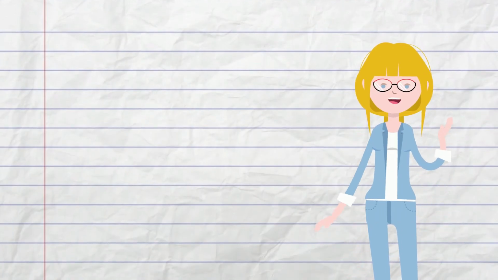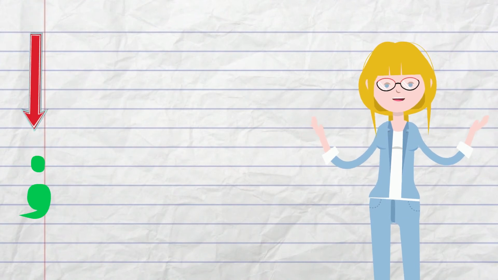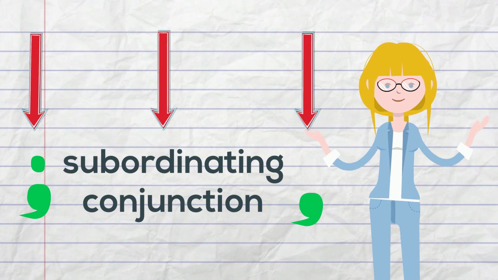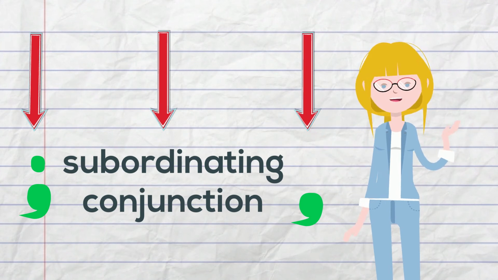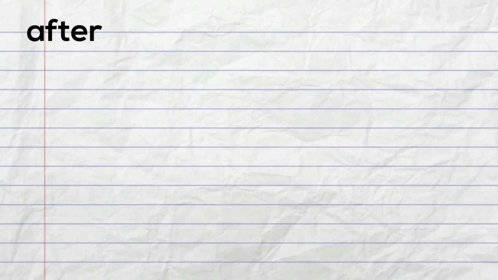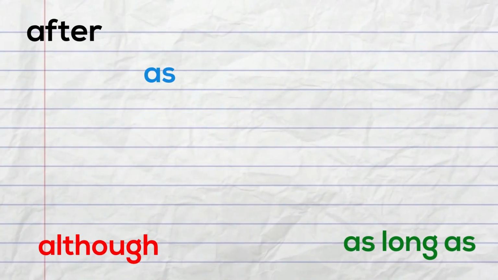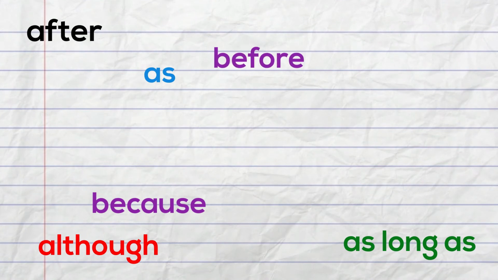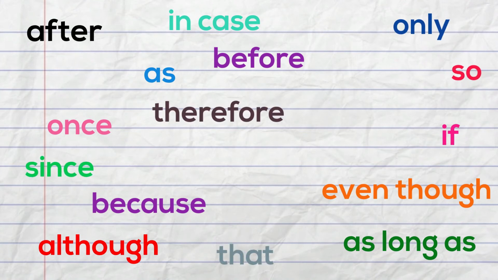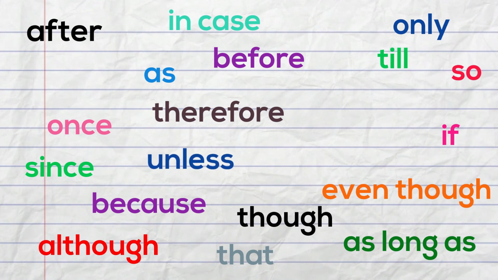To correct by separating with a semicolon, a subordinating conjunction, and a comma, we replace the comma with a semicolon and add a subordinating conjunction, such as after, although, as long as, because, before, even though, if, in case, once, only, since, so that, therefore, though, till, unless, until, whenever, and while.